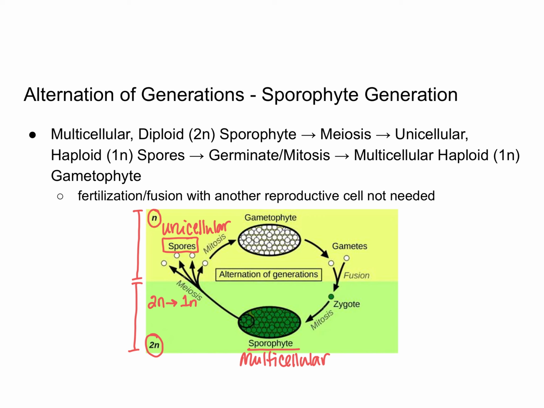If those spores find a suitable habitat, they can germinate. And germinate just means that they can go through mitosis. Remember that during mitosis, whatever the parent cell is, the daughter cells are going to have the same genetic makeup and the same ploidy. So in this case, you have a haploid spore producing haploid daughter cells that ultimately make up this multicellular haploid gametophyte.